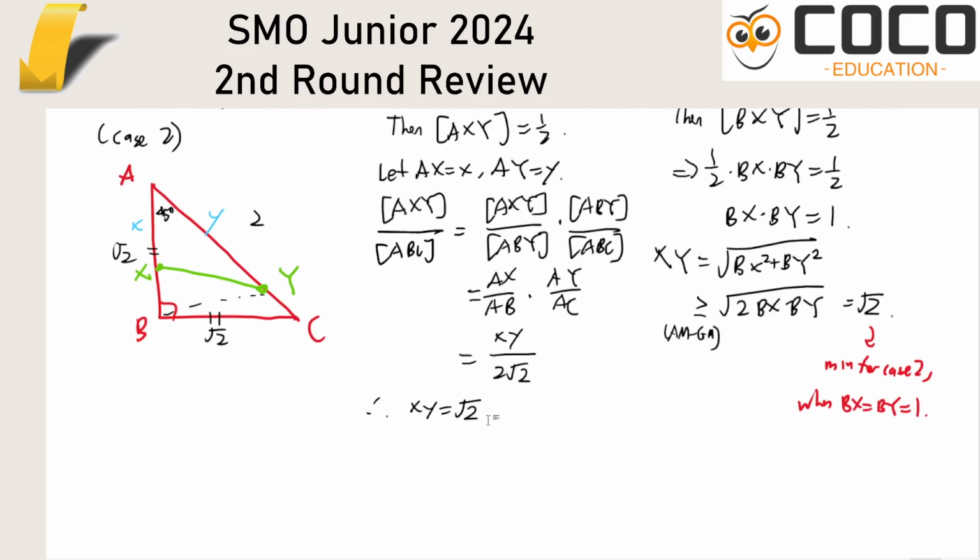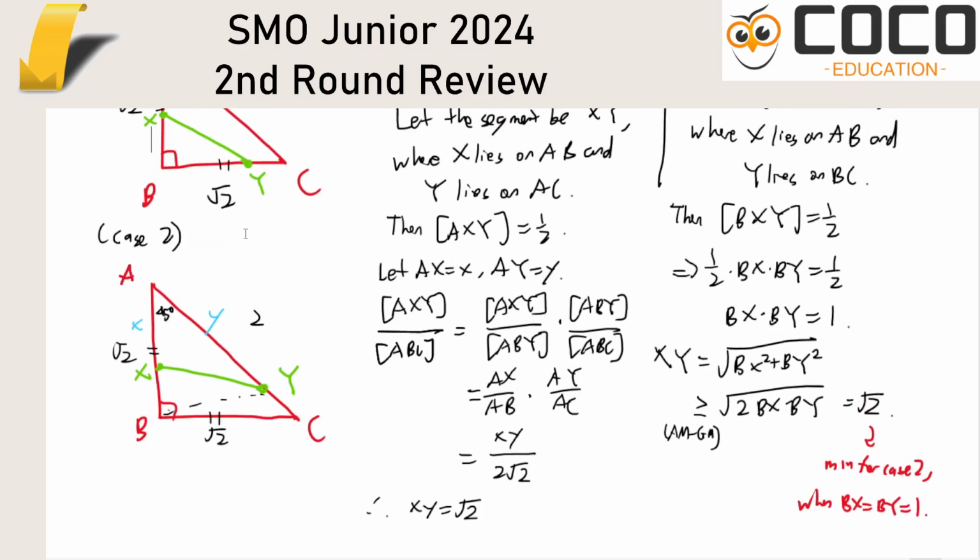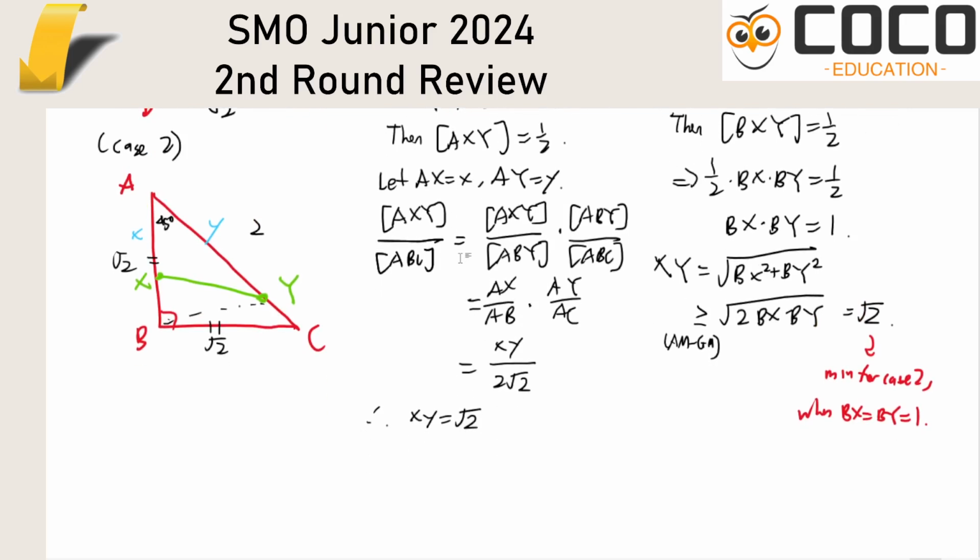Now this makes sense. As a sanity check, the thing that I thought may work is this one, where x is square root 2, y would be 1. So it makes sense. xy should be square root 2. Now, I need to find an expression for the length of the segment XY, capital XY. To do that, I'm just going to drop the perpendicular here. This is a 90, 45, 45 triangle, and I will name that foot of the perpendicular Z. Why not?